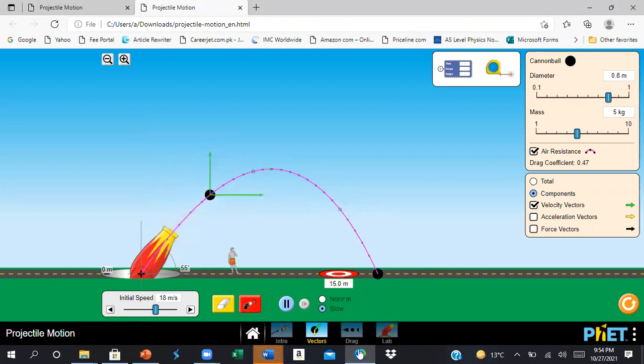The vertical one is maximum at first. At the highest point, it is 0. And then it is increasing, increasing, increasing. Again, look. These are the two components of velocity I talked about. So the horizontal component is always the same, but the vertical component is changing. Why? Because gravity is vertical, so it is affecting its motion.